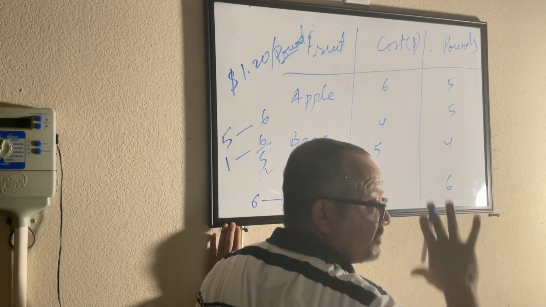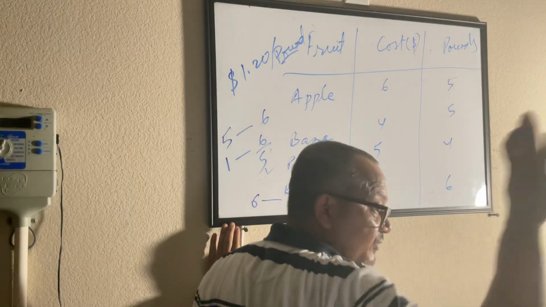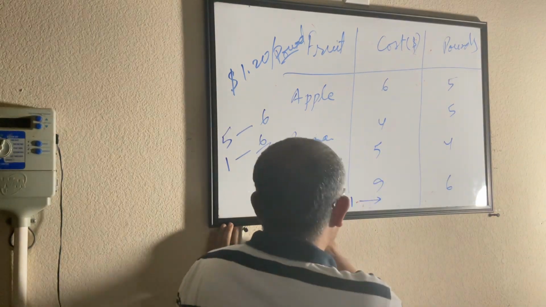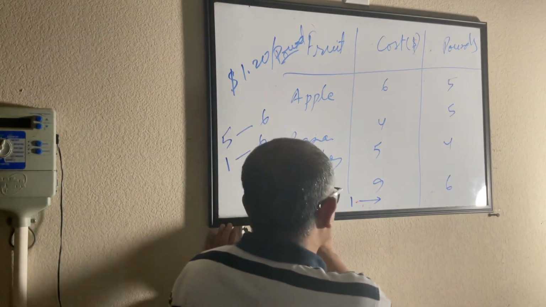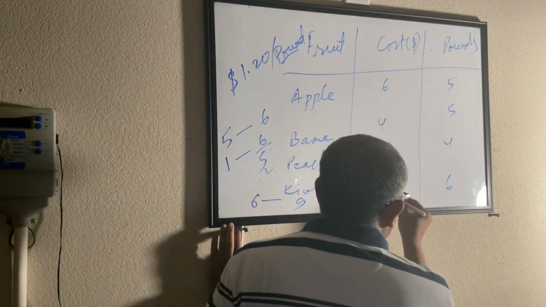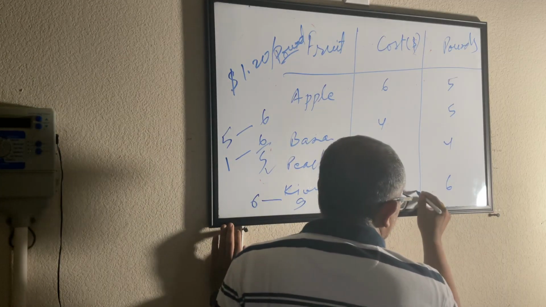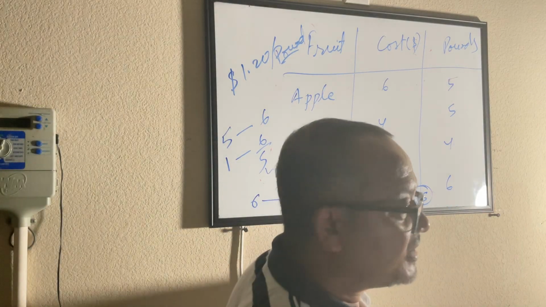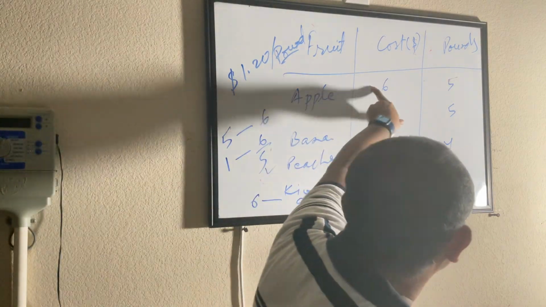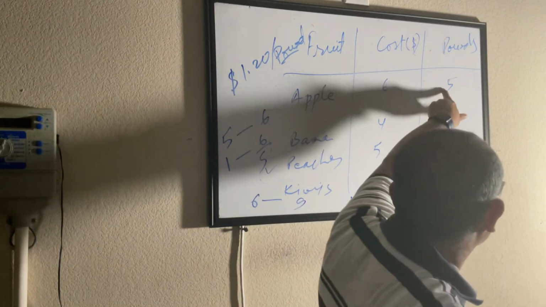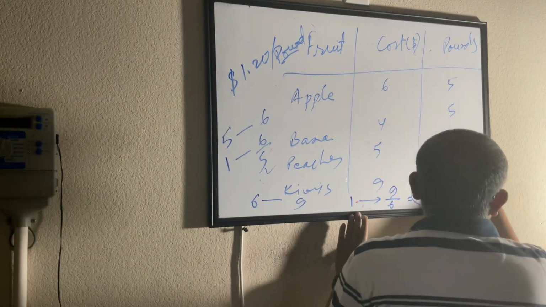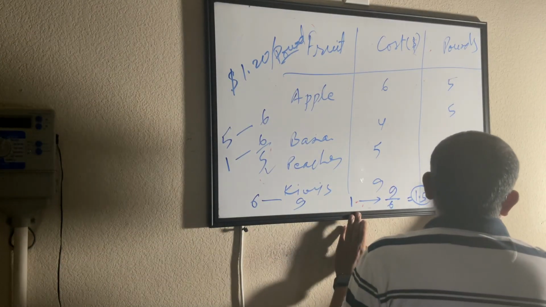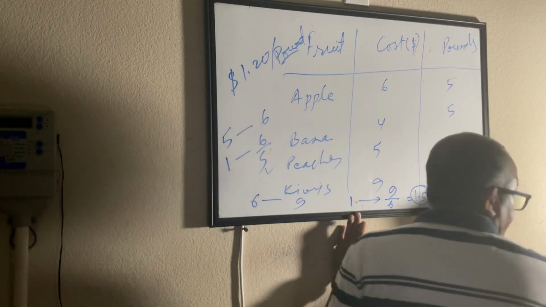So here 6 pounds come for $9, so 1 pound will come for 9/6, which is equal to 1.5 when you convert that. And this one is $6 for 5 pounds. So 5 pounds for $6, 1 pound for 6/5. That gives you 1.2. Yeah.